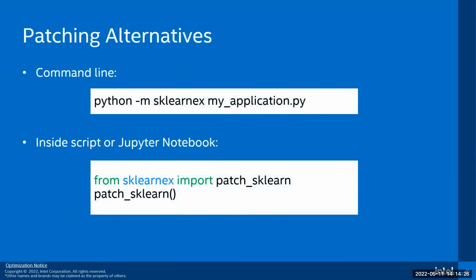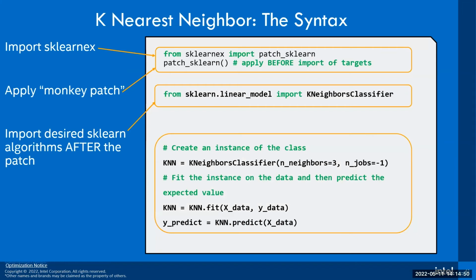If you have a command line, you can just say python -m sklearnex my_sklearn.py and you're patching it. Or inside a script, you do from sklearnex import patch_sklearn, and you call patch_sklearn. That's how you implement the Intel extension for scikit-learn.